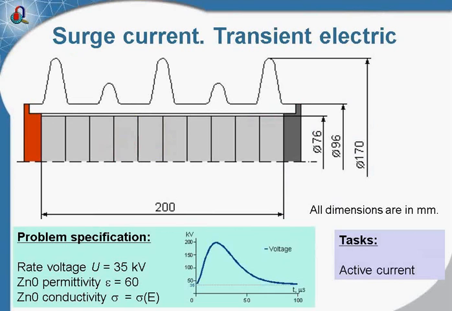The last case for today is the transient electric current which flows in the lightning arrestor. A lightning arrestor is used to protect devices from lightning or high voltage.